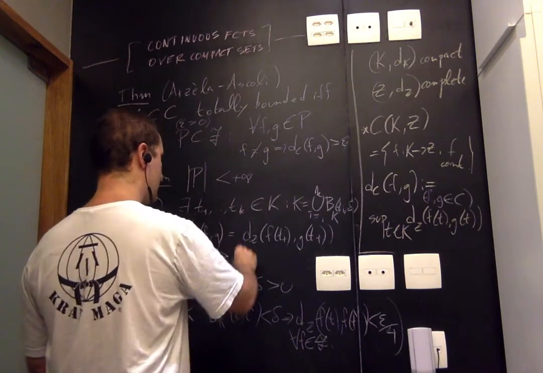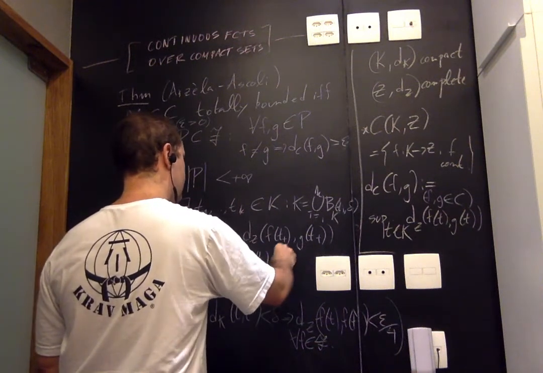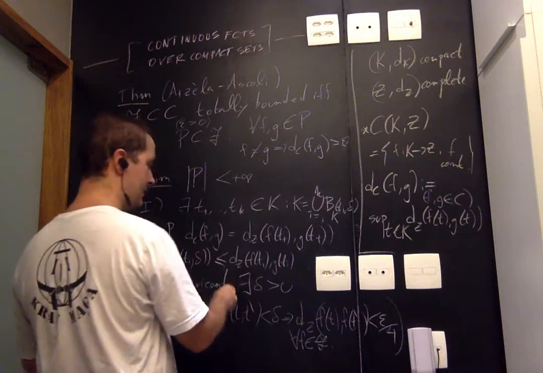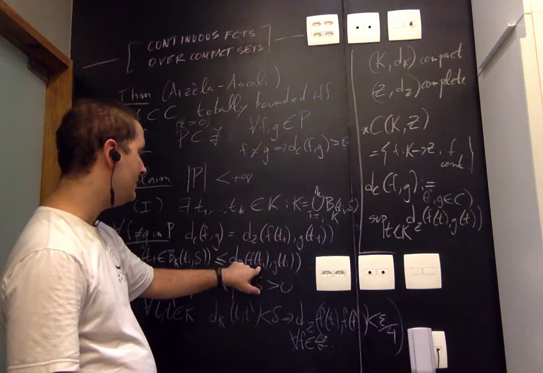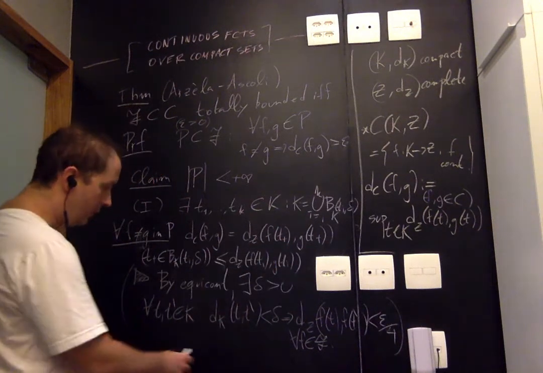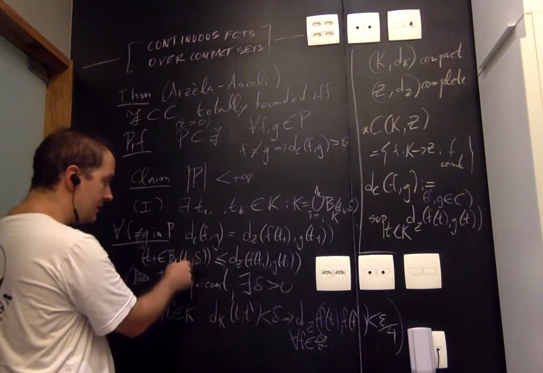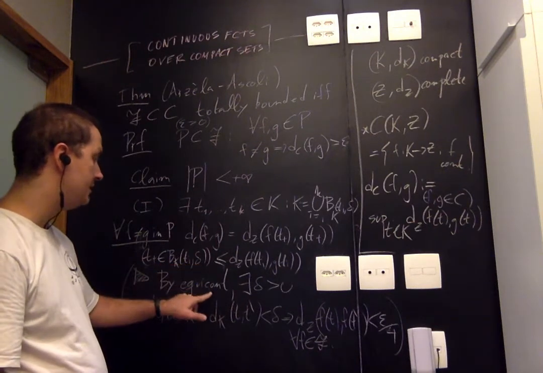So I can just say, well, this is just the distance in Z of f(t_i), g(t_i). Sorry, let me put this like this. And then I have to pay a price because I move from t+ to t_i. What is the price I pay? Well, by our choice of delta, t+ belongs to the ball of radius delta around t_i. So moving from t+ to t_i has cost less than delta.